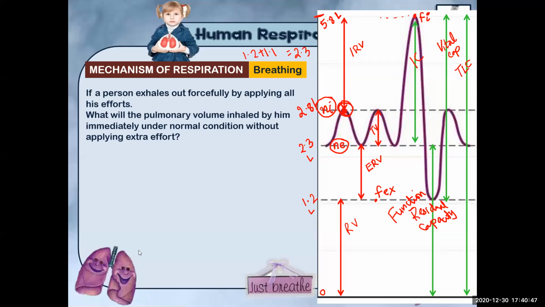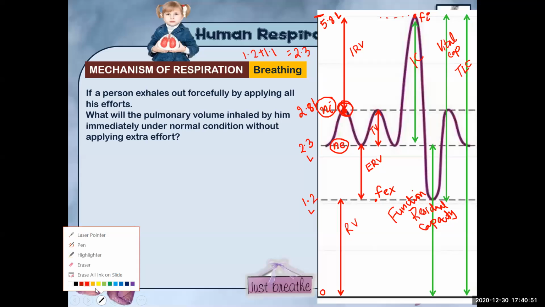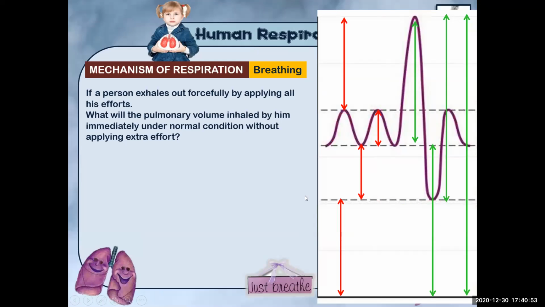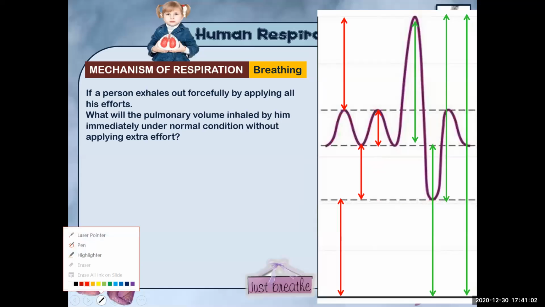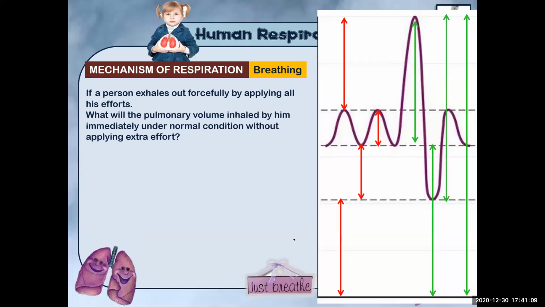I'll just clear the board for just 1 second. Okay. Now I am writing four positions here. Let me teach you how to do this. Okay, so I'm going to write four positions.